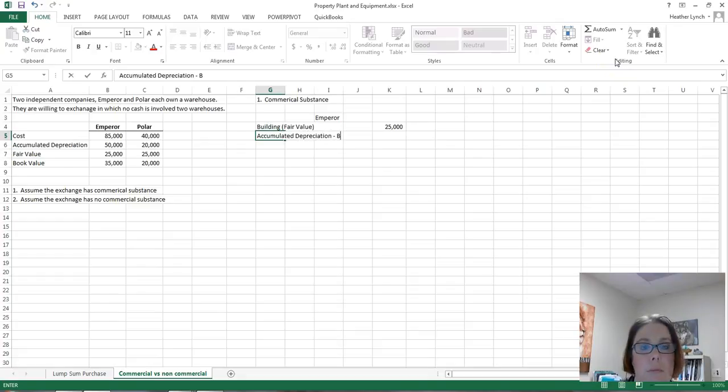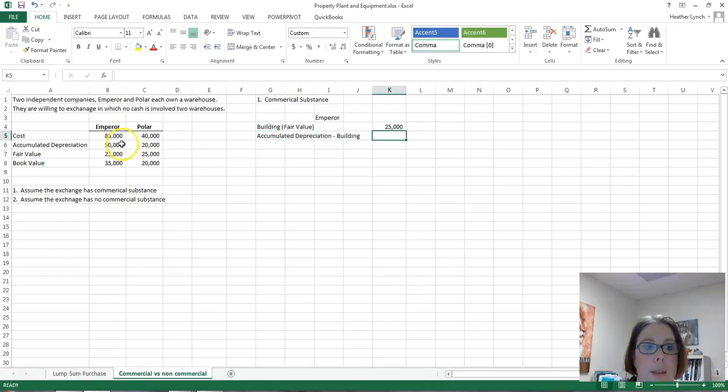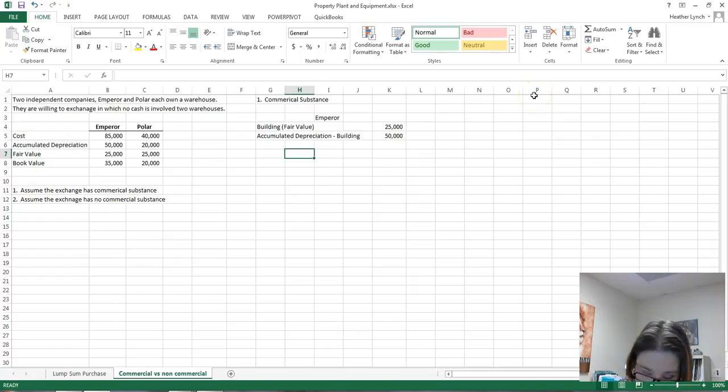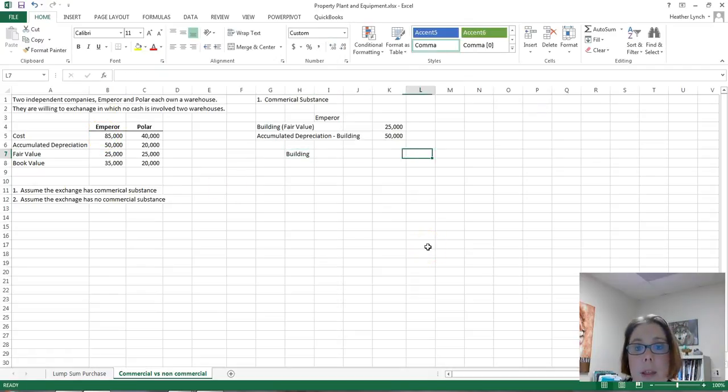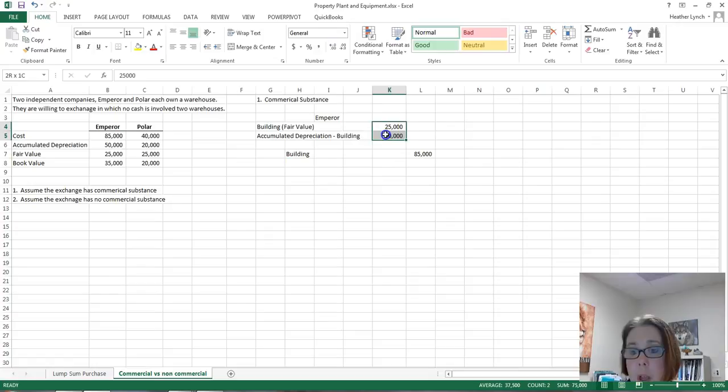We'll say building, and that's going to be the $50,000. Okay, I'm going to leave a space there. Now he got rid of his building, and his building had a cost of $85,000. So we'll reduce this by the $85,000. So here we have a total of $75,000.